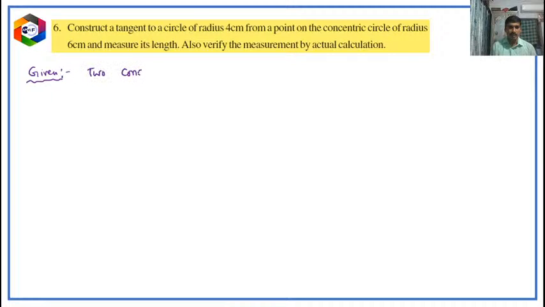Two concentric circles of radius, capital R equals 6 centimeters, and small r equals 4 centimeters.